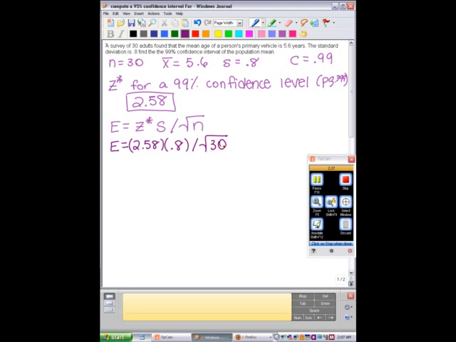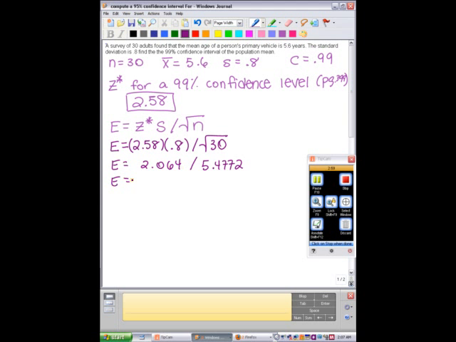Hopefully you'll be getting the same thing that I'm getting. For square root of 30, I got 5.4772. Then when I multiply 2.58 times 0.8, I got exactly 2.064.